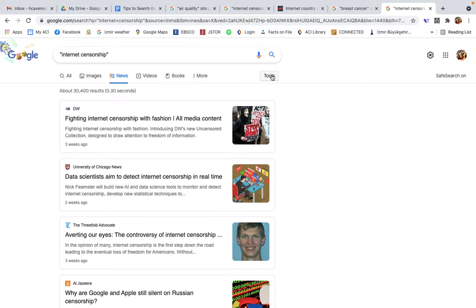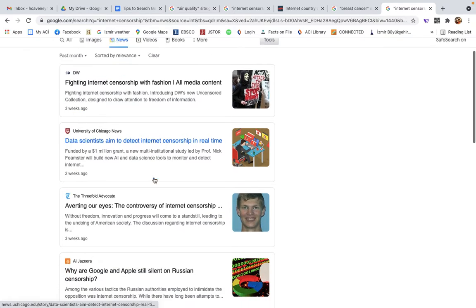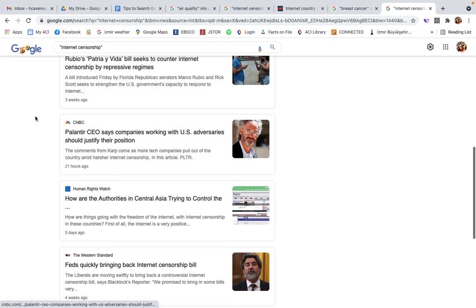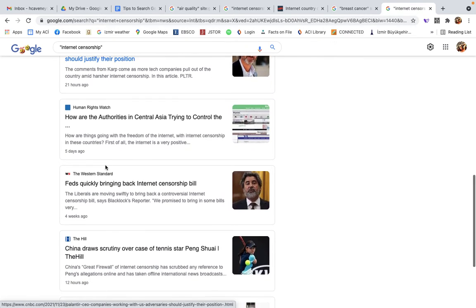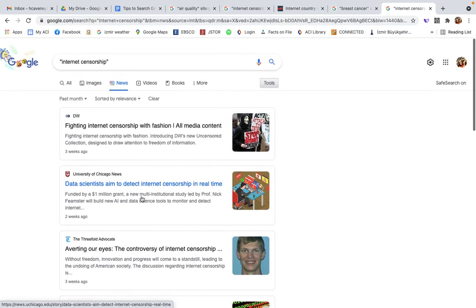Then I want you to pay attention to this Tools function here, and you can narrow it. Like, I only want to know what happened in the last month on internet censorship. And so here we have 3 weeks ago, 2 weeks ago, 3 weeks ago. So nothing. Here's one 21 hours ago, 5 days ago, 12 hours ago. All right. So you can narrow.